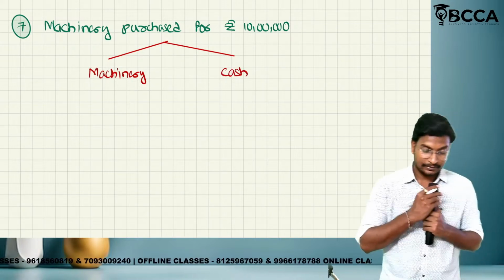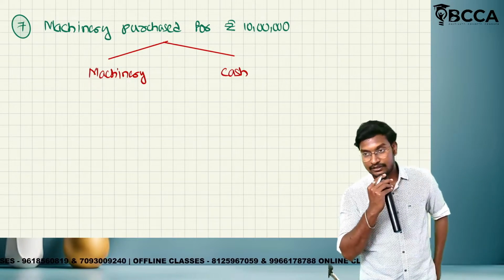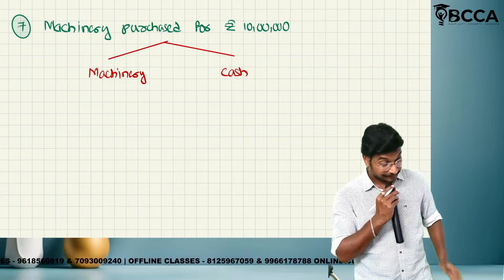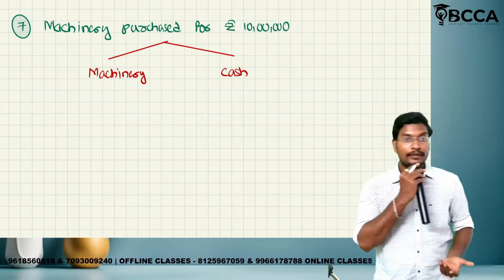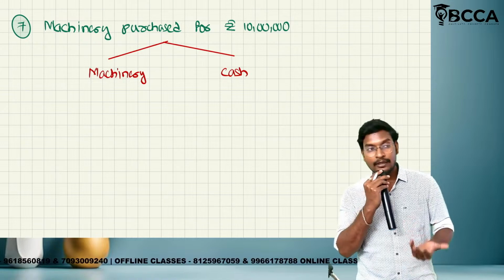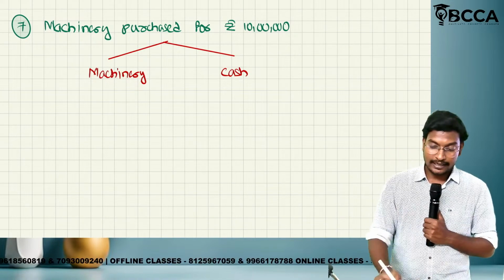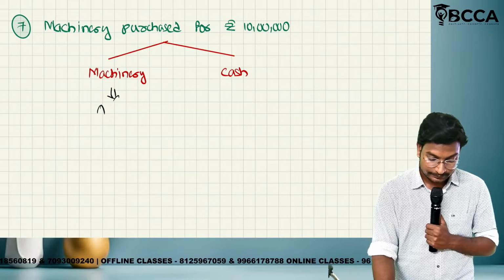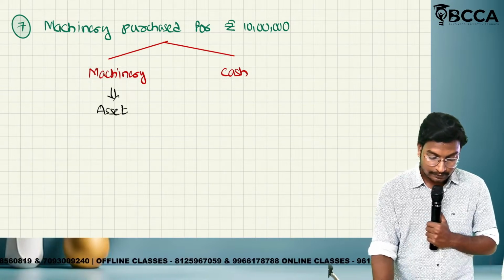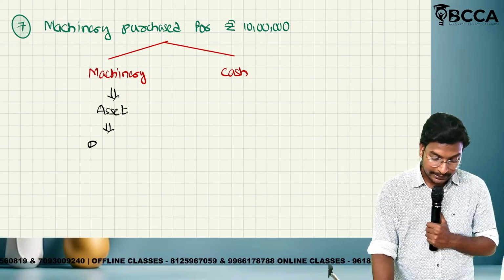There is a difference between goods purchased and asset purchased. If an asset is purchased, we will take the outcome of the asset. If goods are purchased, we take the outcome of purchases. So machinery means what? Asset. Which balance?